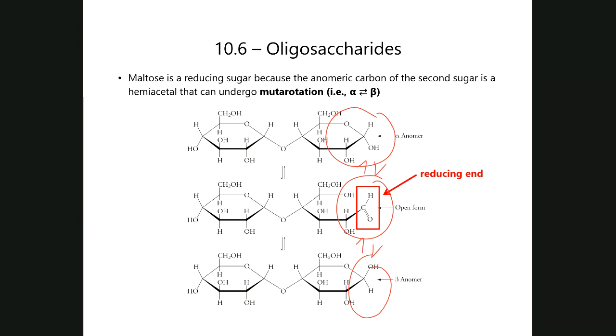So this end is still reducing because it's a hemiacetal, and it's reducing because it's going back and forth, and in doing so, it's going to be exposing that aldehyde, which is what makes it reducing, meaning if you treat it with Benedict's reagent, it's going to give you a positive result. But it's due to this piece. This piece has nothing to do with that.